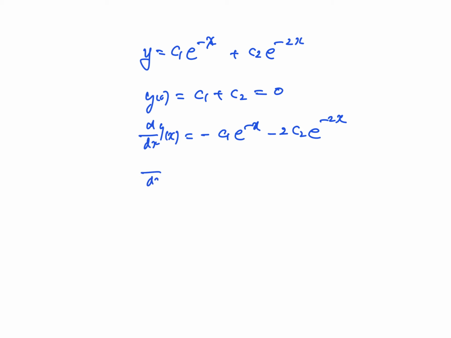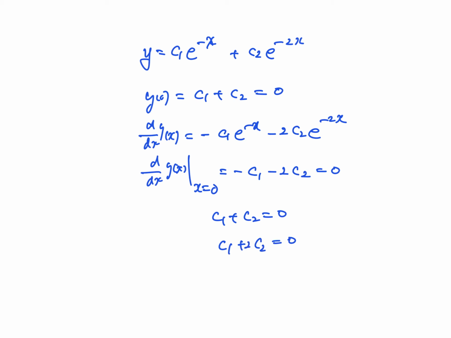So dy/dx at x equal to 0 is minus c1 minus 2c2 is equal to 0. So c1 plus c2 is equal to 0, c1 plus 2c2 is equal to 0. In this case, not very interesting because actually the only solution is c1 and c2 equal to 0.